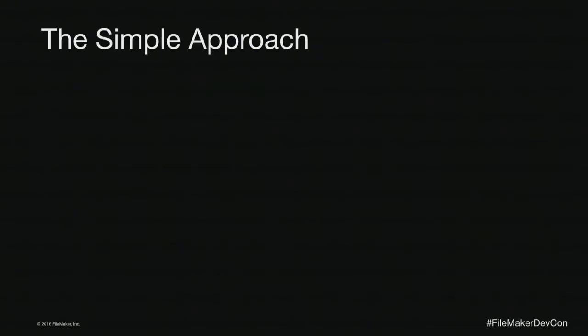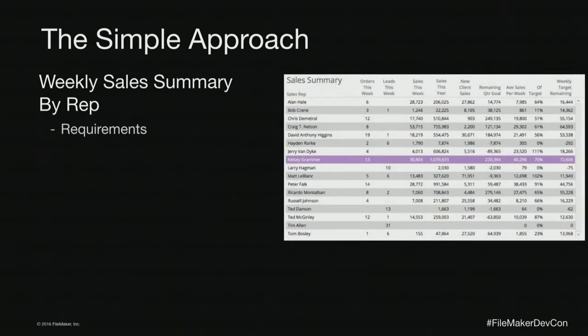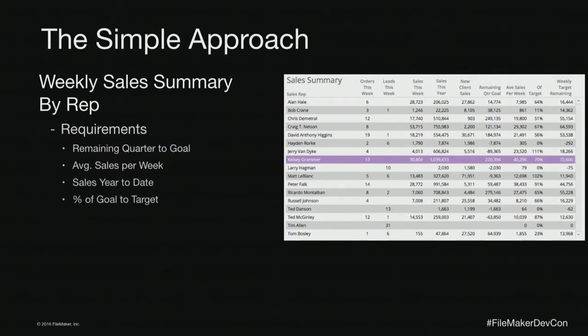So first off, let's just draw an example. In this particular case, we're going to be looking at a sales summary by sales rep, accumulated on a weekly basis. And the requirements in this case, a number of calculations and metrics and analytics used to evaluate rep performance throughout the week so that managers can keep their eye on how their reps are doing, essentially. And so we need remaining quarter to goal, average sales per week, sales year to date, percentage of goal to target, and weekly target remaining.